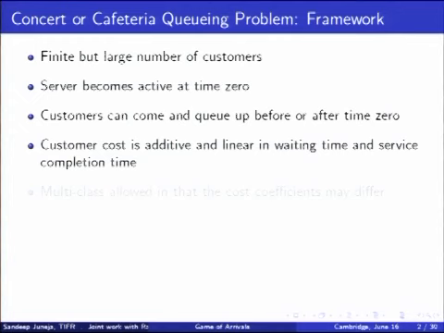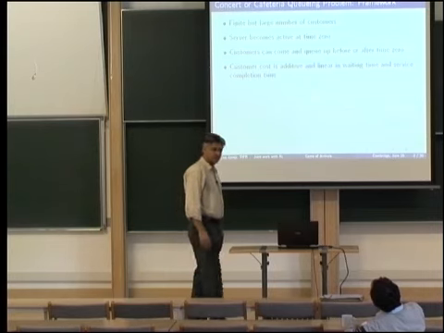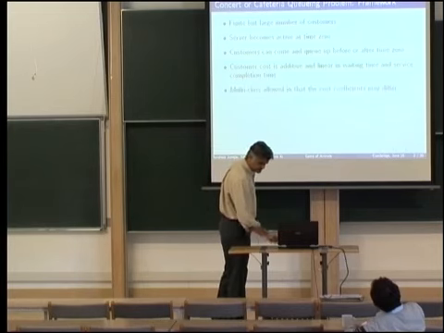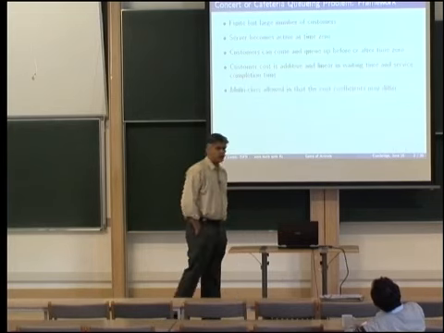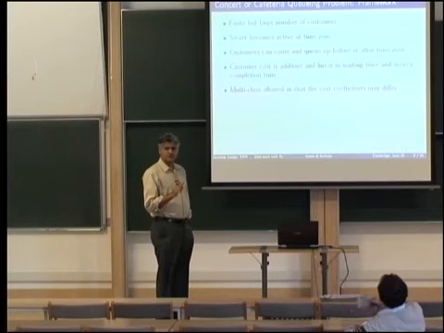The cost of a customer is additive, and I'll primarily focus on linear costs. So it's linear in the waiting time and in service completion time. You want to wait less and you want to have your food as soon as possible, or you want the service to be completed as soon as possible. We will allow multi-class analysis, so we can have multi-class customers, but just the linear coefficients will be different.